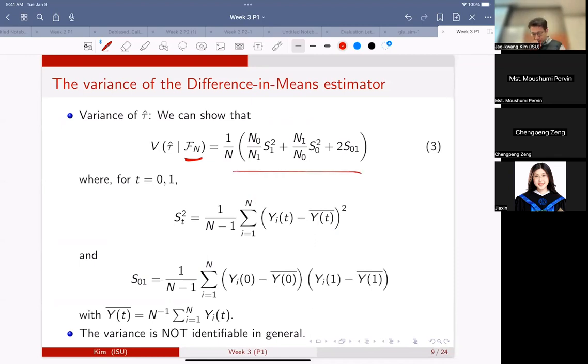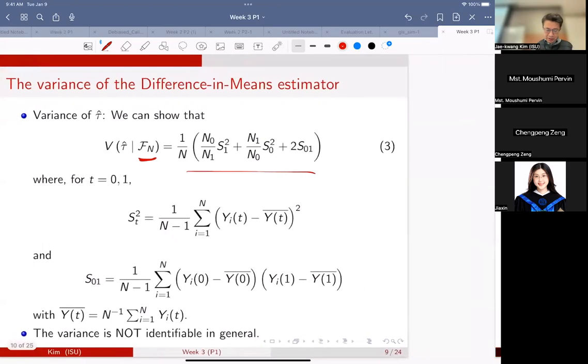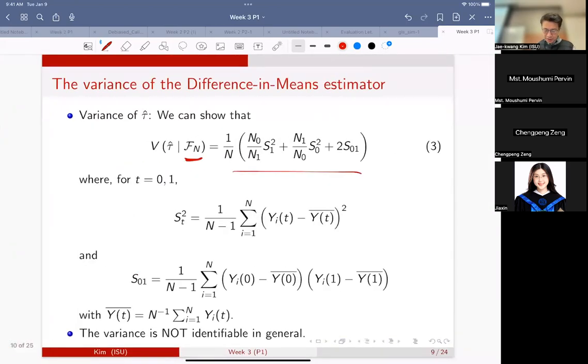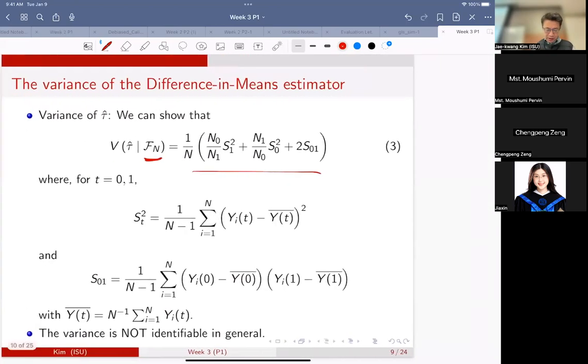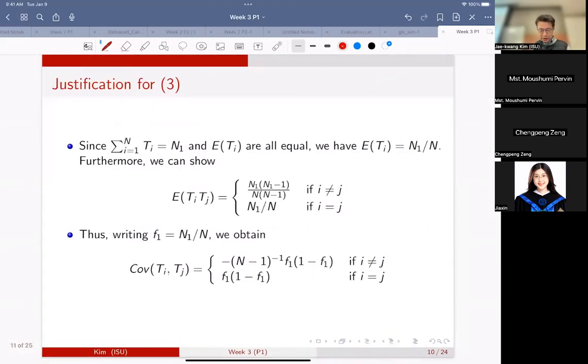This one looks complicated, but let's take a look at it one by one. I will show this proof first, and then come back to its interpretation.